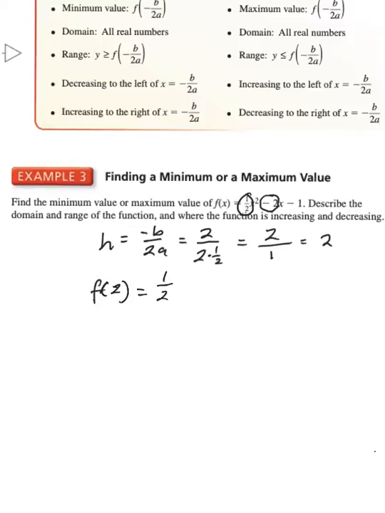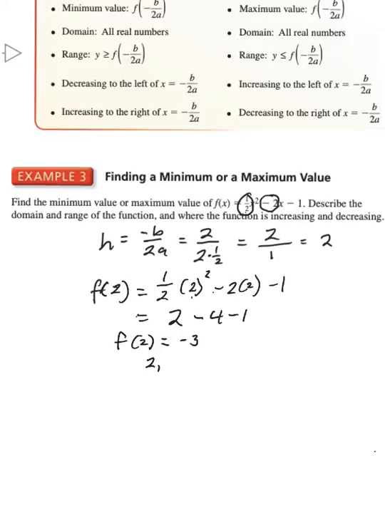So it's 1/2 times 2 squared minus 2 times 2 minus 1. 2 squared is 4, and then 1/2 of that 4 is going to be 2, minus 4, minus 1. We're almost there. f(2) equals 2 minus 5, or -3.